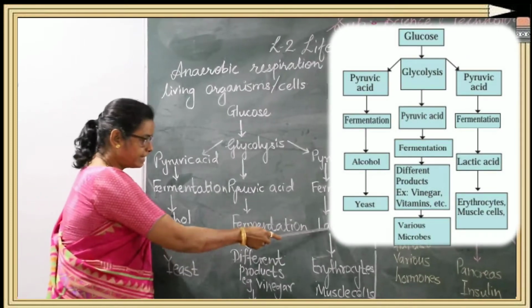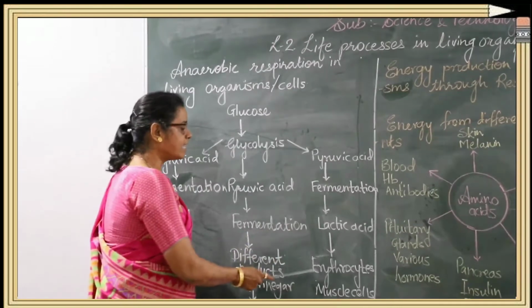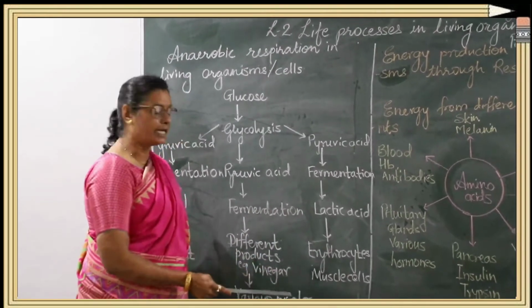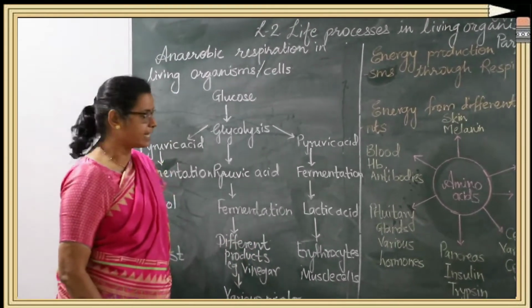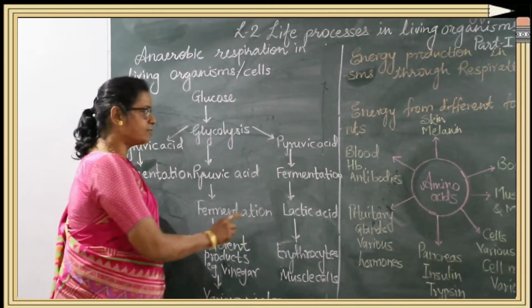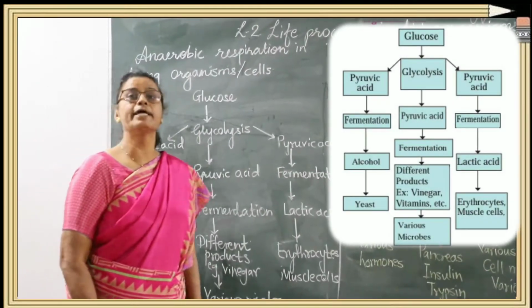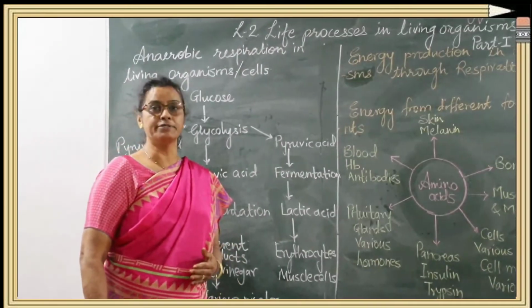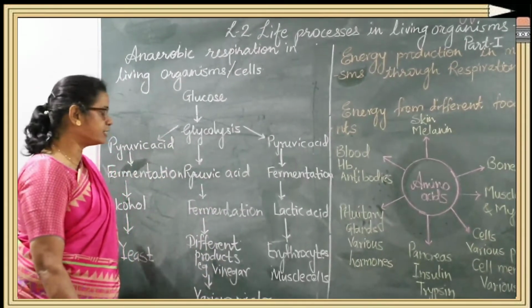Here, lactic acid is produced in the cells of our body, in muscle cells as well as in erythrocytes. During this conversion, a less amount of energy is produced in the process of anaerobic respiration.